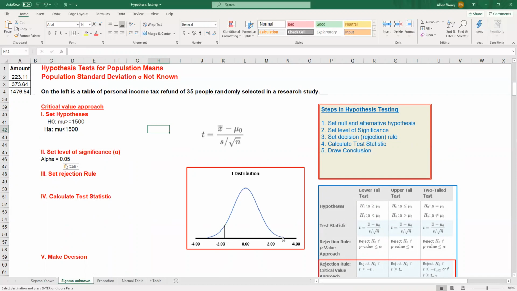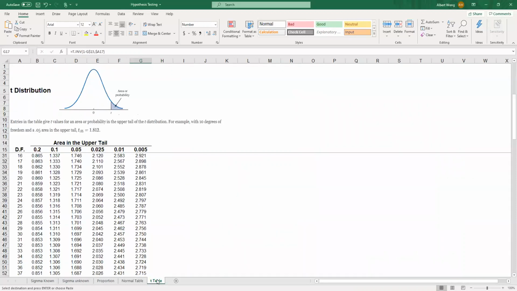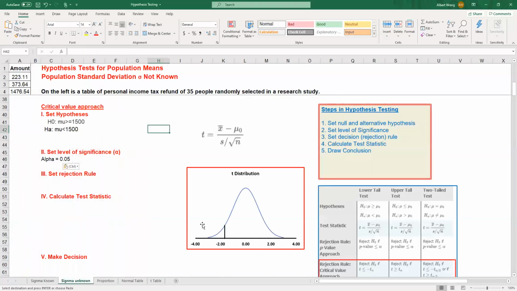The t-distribution looks like normal, so you can always find the negative and the positive. So you can just say, okay, I want an area of 0.05. I go to the table, find 0.05, and go down to the degrees of freedom, which gives 1.691. And from here, we know that this number is negative 1.691.